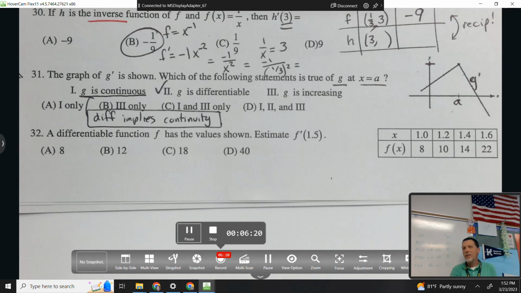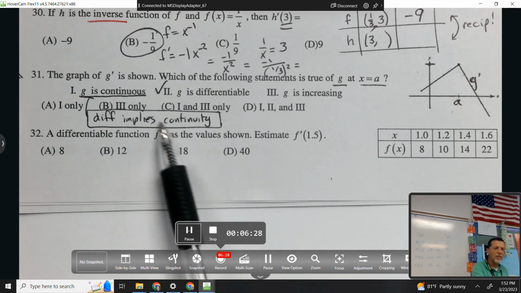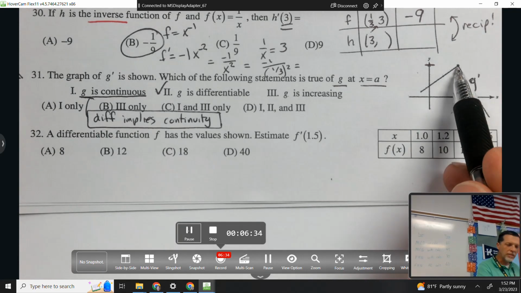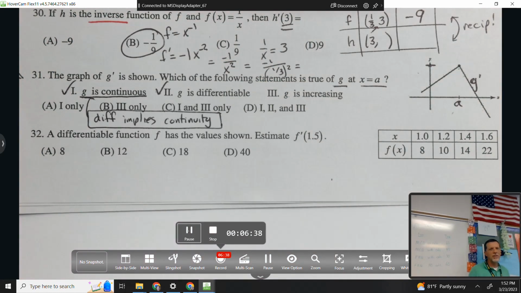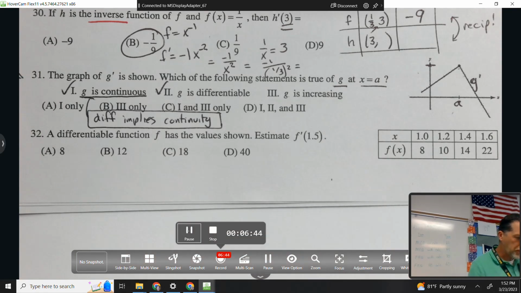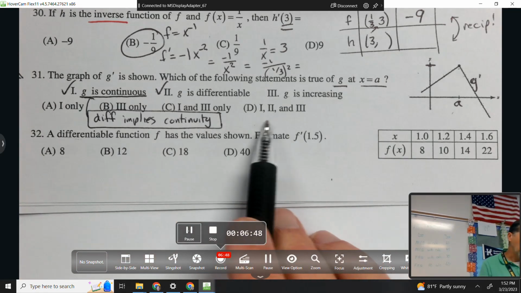Squares are rectangles, rectangles and squares. And they can test this in a number of different ways, this fact that differentiability implies continuity. But that's what they're looking for there. The derivative exists, therefore it had to be continuous, because if it wasn't continuous, you couldn't have had a derivative. Now, so I'm definitely good with 1 and 2, which means I would know what the answer is for this one. Yeah.